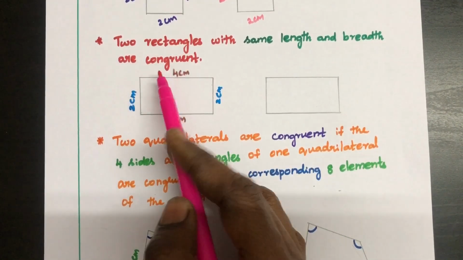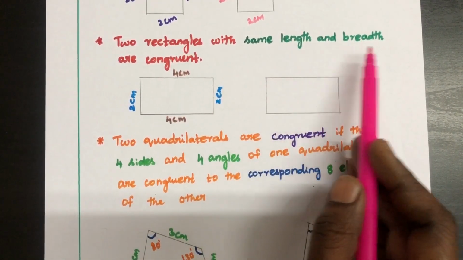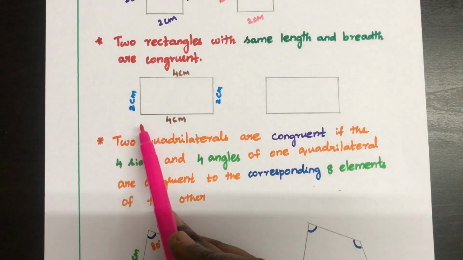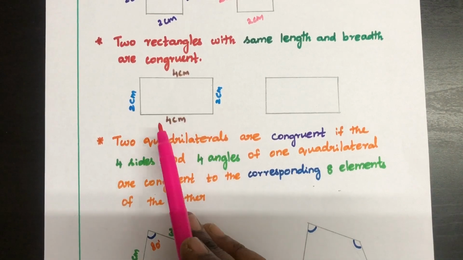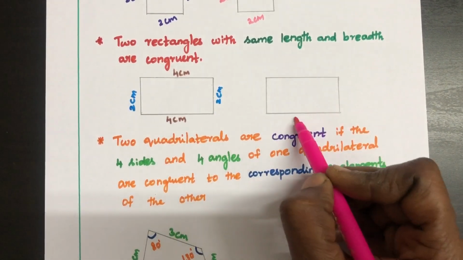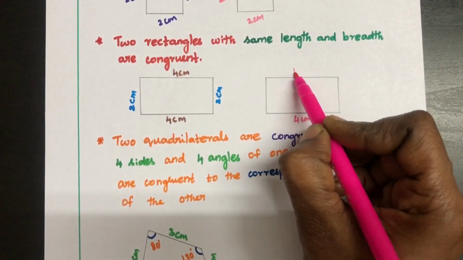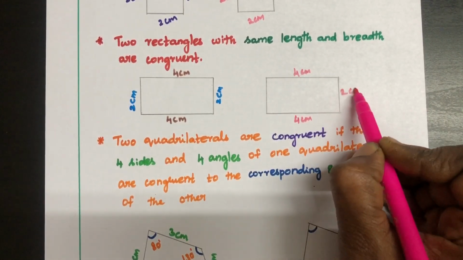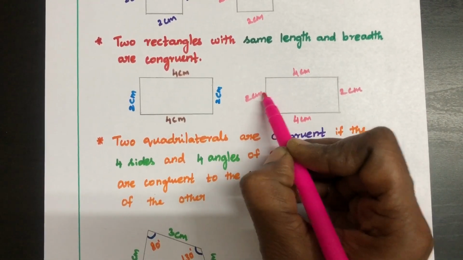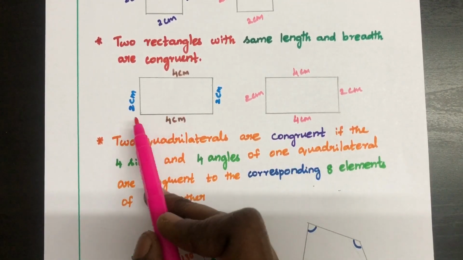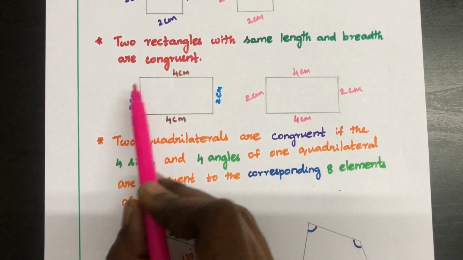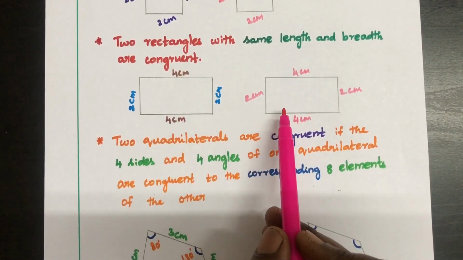Next, similarly, rectangle. Two rectangles with the same length and breadth are congruent. See here, length is 4 cm and breadth is 2 cm. If we have the same rectangle with 4 cm as length and 2 cm as breadth, then this rectangle is congruent to this rectangle, because both have same length and breadth.